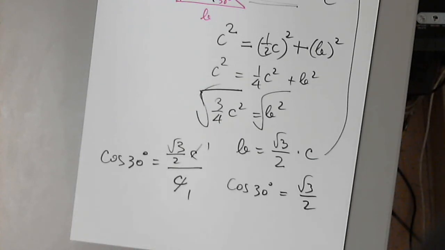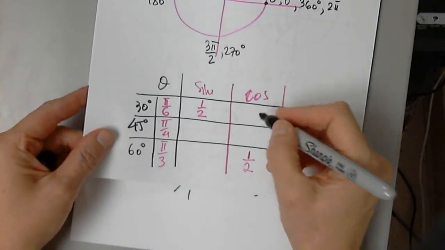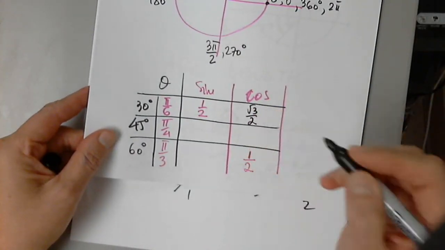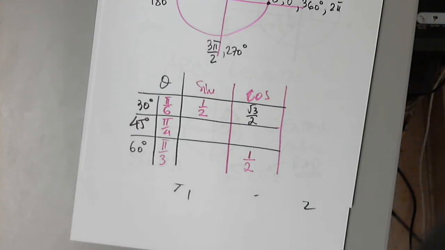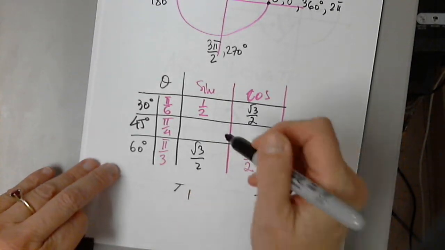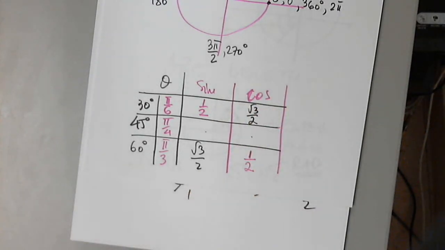And we can go back now to our table and put that cosine 30 degrees is the square root of 3 over 2. Now, by symmetry, what do you think this will equal to? So then we know already the square root of 3 over 2. Now we have to look at these two.